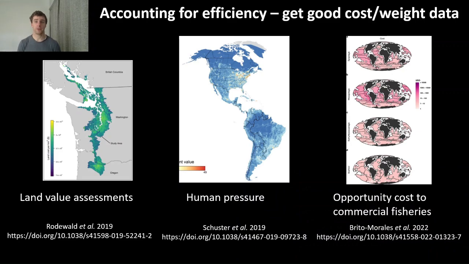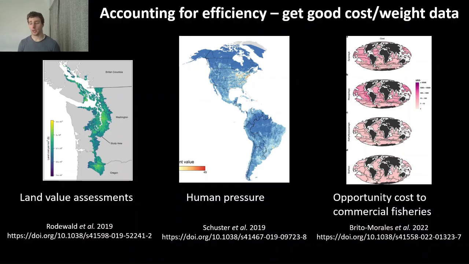And the way that we account for efficiency is by getting good cost or weight data. The idea here is you can get data so that you can understand how much it costs to acquire or manage land or ocean areas for your management actions or your conservation area establishment. You can do that using things like land value assessment data, or data on human pressure, based on the idea that areas with high human pressure are going to be more difficult to implement conservation areas in.